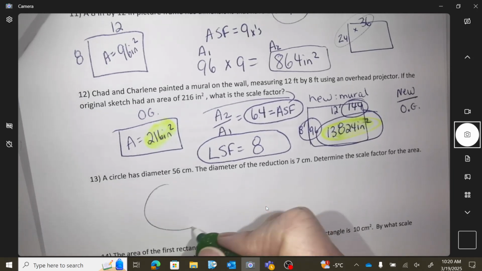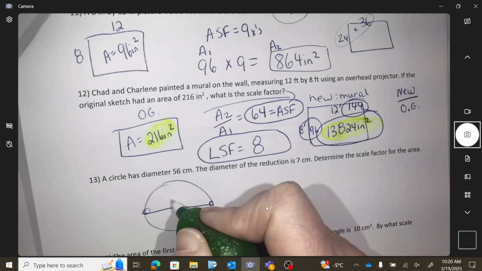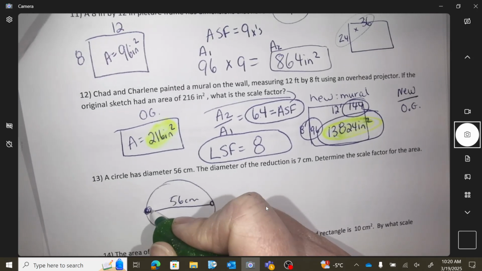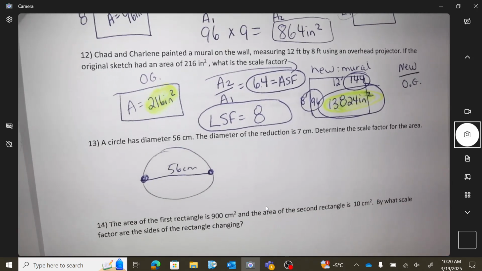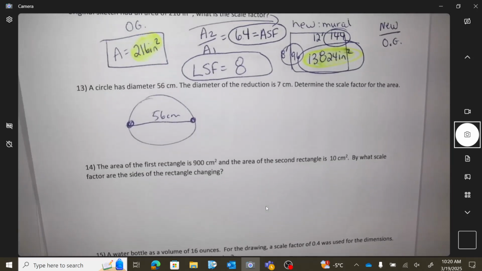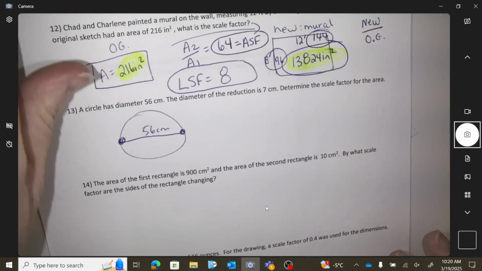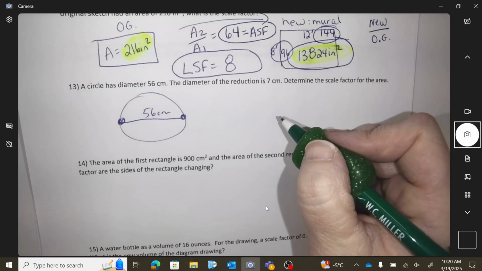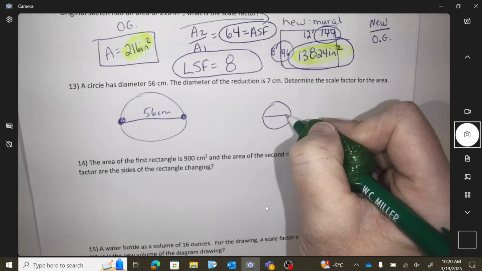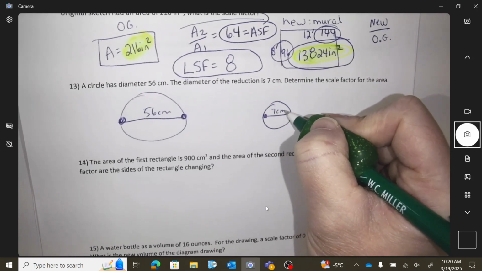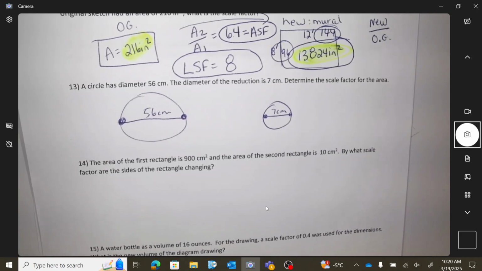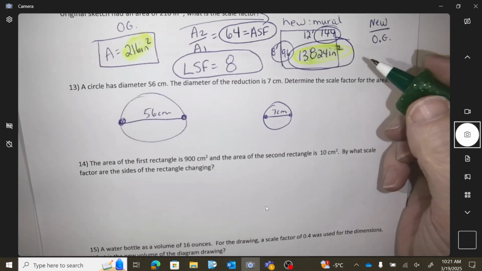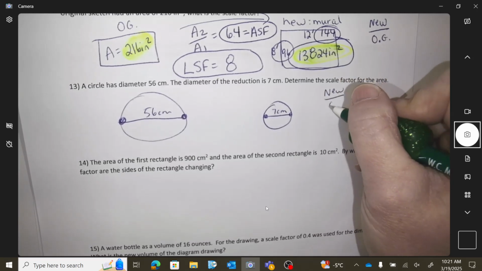Okay, a circle has a diameter. Do you guys know what diameter means? Across. Then I reduced it, and then I got smaller. So what do I know about my scale factor already? My scale factor better be something underneath 1. Okay, so we're going to go new divided by original.